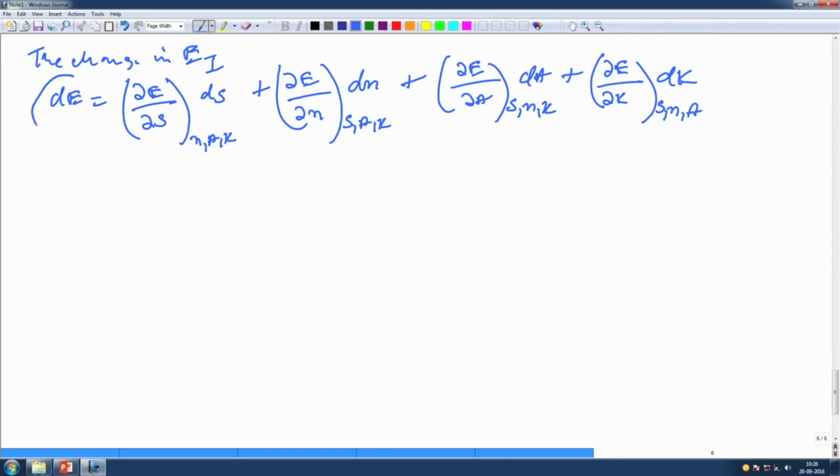The change in energy of the interface dEI basically depends on which parameters? It depends on the change of the interfacial energy with respect to the entropy, and we will see what that term exactly means. The change with respect to the number of moles at the interface. It also depends on the change in surface area and the change in curvature.